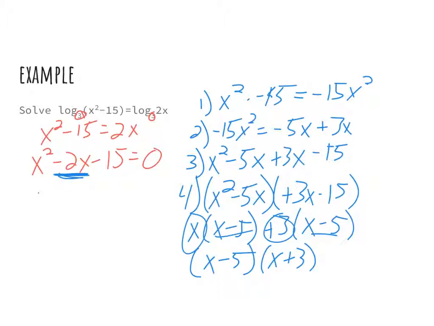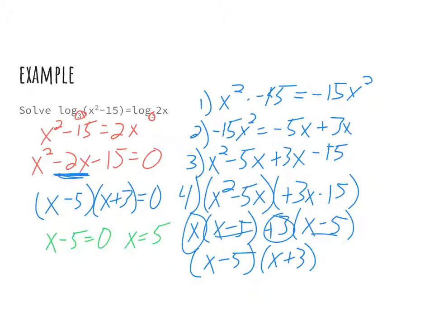So I have x minus 5 times x plus 3. Once I have them factored, to solve, I set each one equal to 0 and solve. So x minus 5 equals 0, I can add 5 to both sides. x plus 3 equals 0, I subtract 3 from both sides, giving me my two answers of 5 and negative 3.